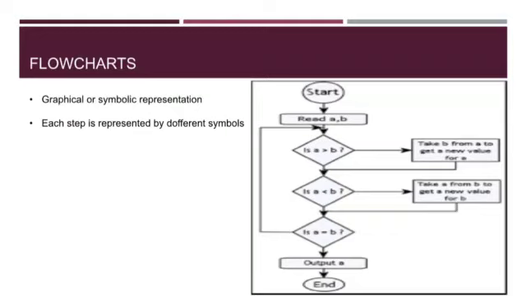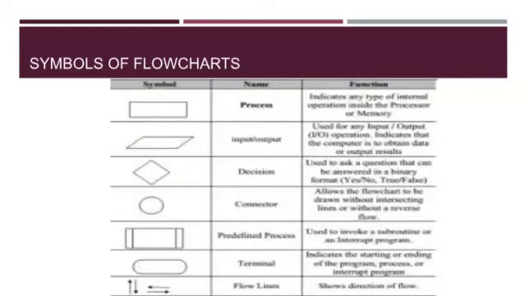The flowchart symbols: the oval shape means start or stop. These are also known as terminal symbols, used to represent the beginning and ending of the flowchart.